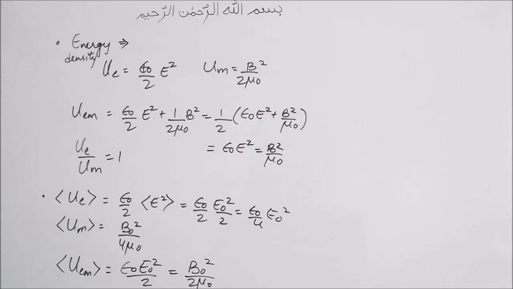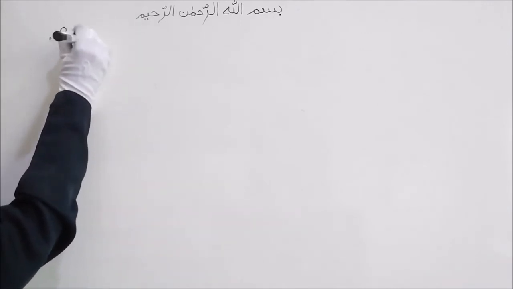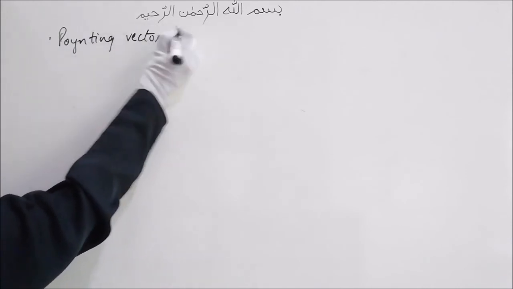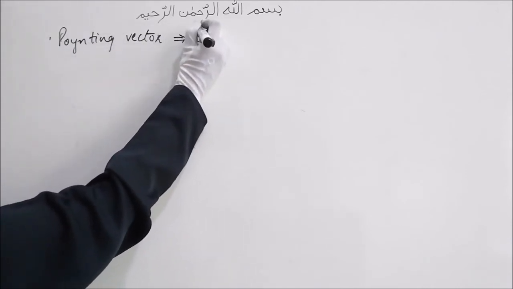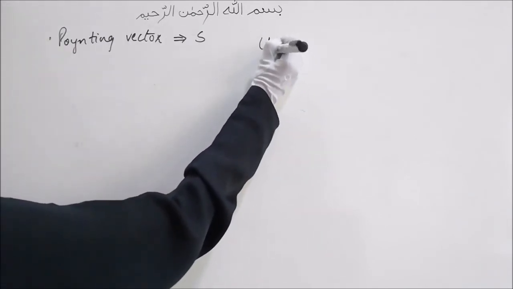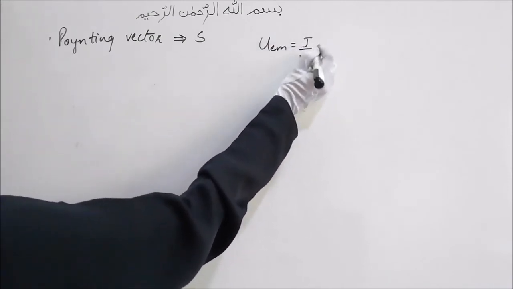Hope that's clear. Now the Poynting vector. The Poynting vector is denoted by S. I didn't tell you the unit of that energy density, right? The unit of the electromagnetic energy density that we just saw, U_EM, is joules per meter cube.